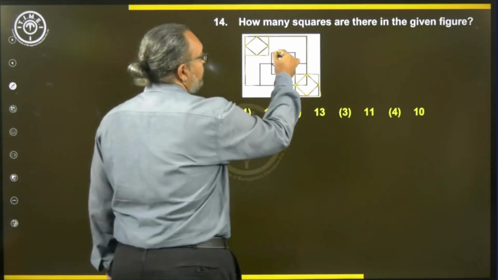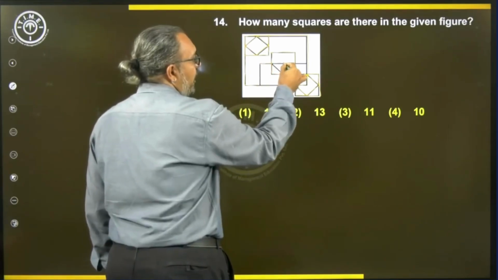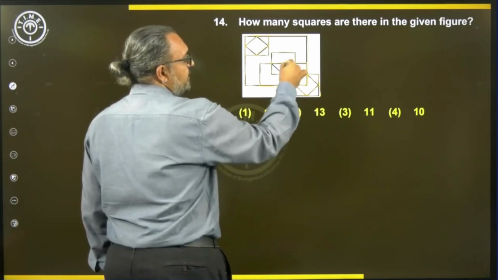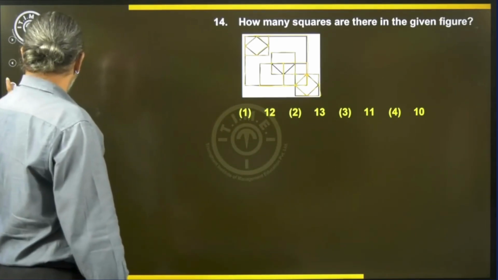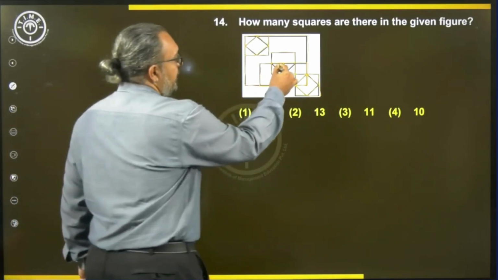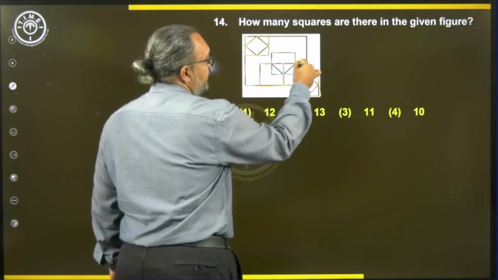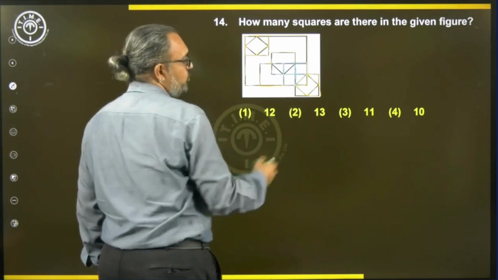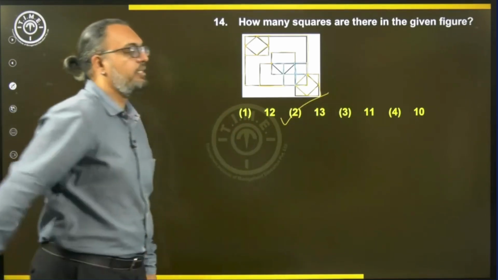Then here you have the sixth, then here you have the seventh and the eighth, correct? And then you have these small things. See, this is 9, 10, 11, 12, 13. So, total there are how many? 13. That's available in choice 2.